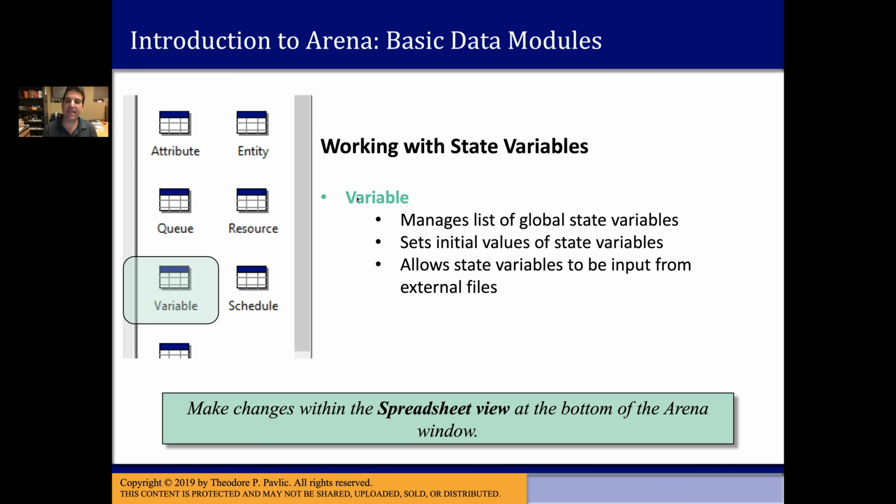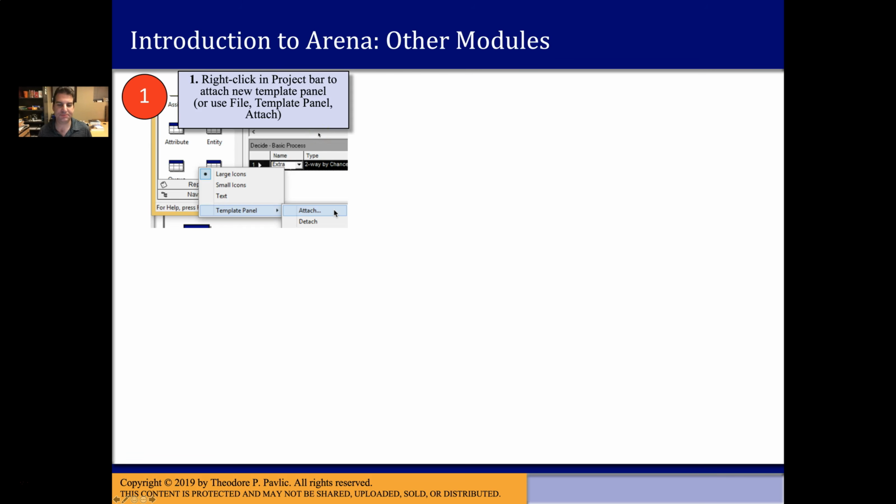Then you might create a state variable that keeps track of whether there's currently an order out and whether you're still waiting for that order, and so on. So it's a way for you to create these global variables that you can then access throughout the simulation as if they're present for all of the entities, as opposed to the attributes where the value of each attribute changes as you go from entity to entity.